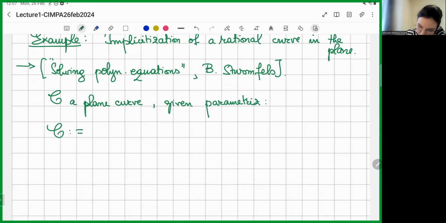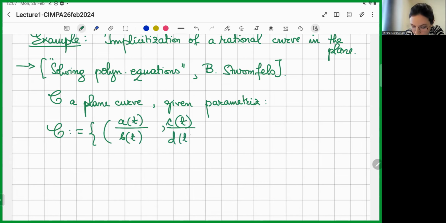Let's consider polynomials in T: A of T, B of T, and we have C of T, D of T. You can think of it in A squared.